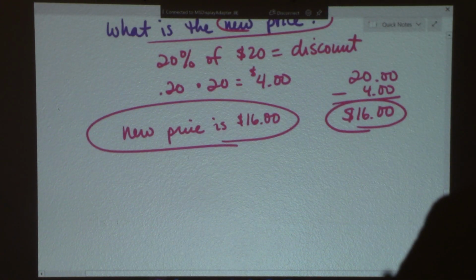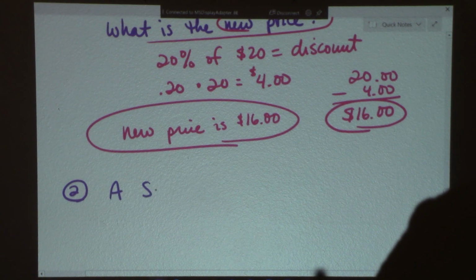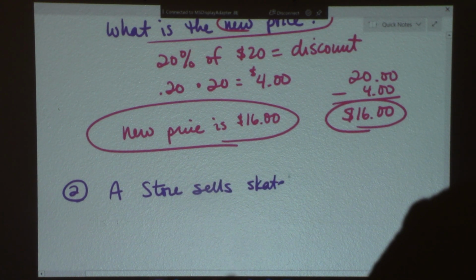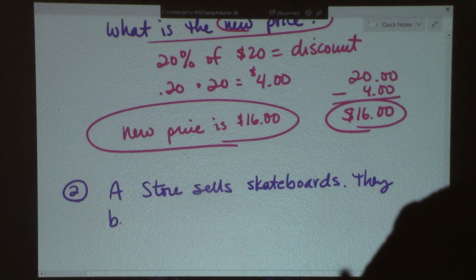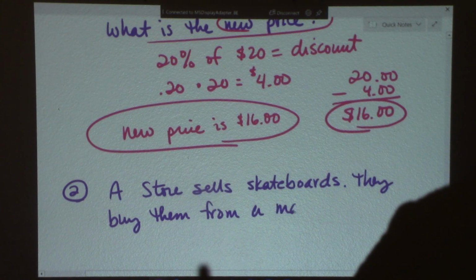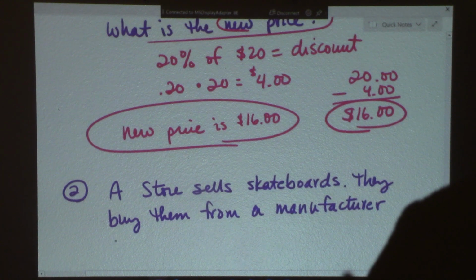Number 2. Okay, a store sells skateboards. They buy them from a manufacturer for $57.